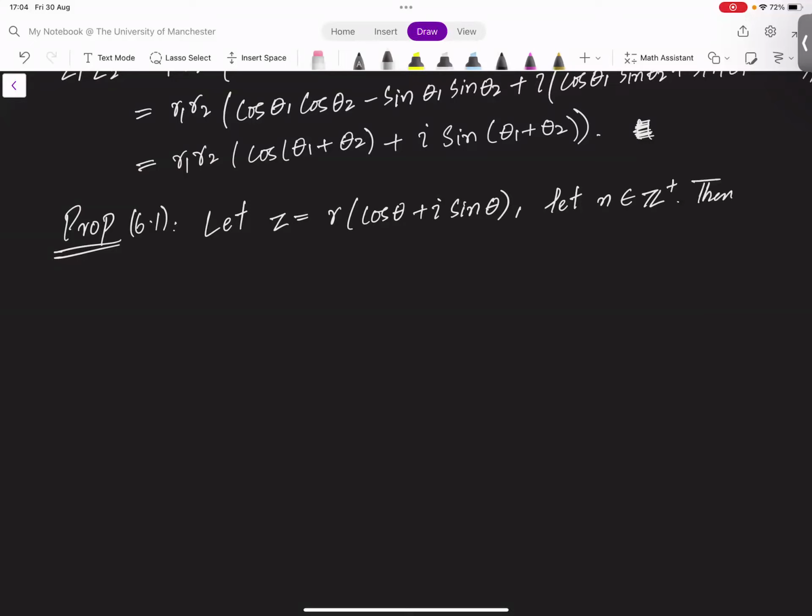Then if you multiply z n times, you will get r power n cos n theta plus iota sine n theta.